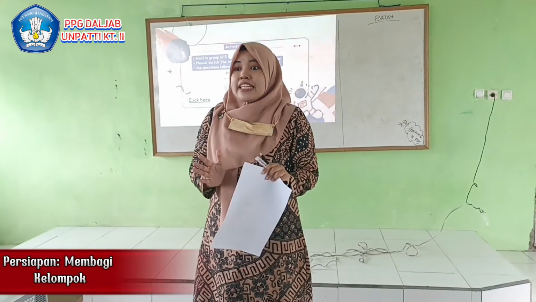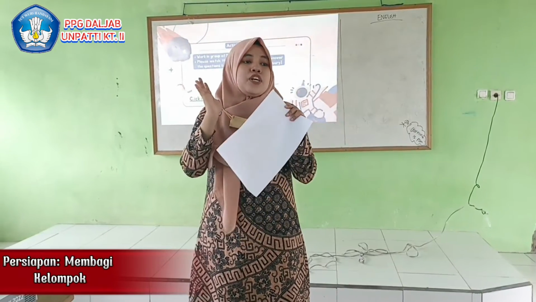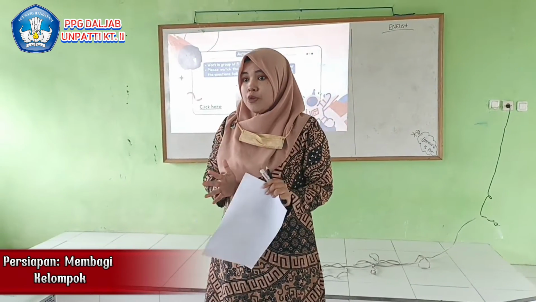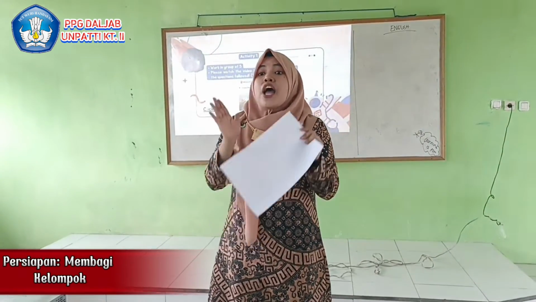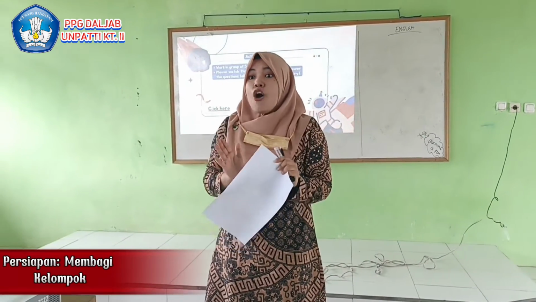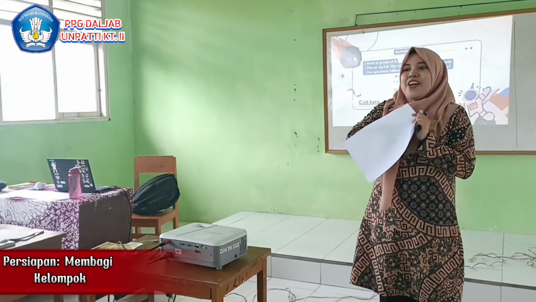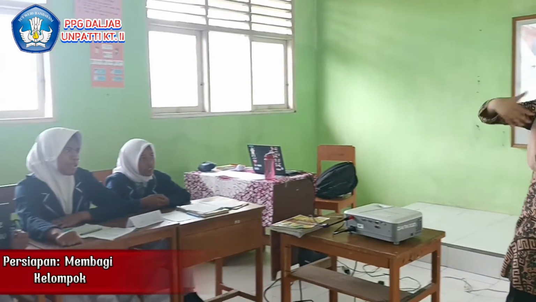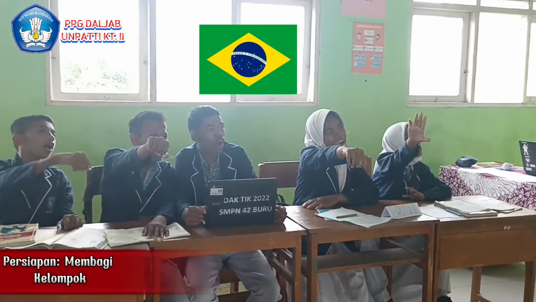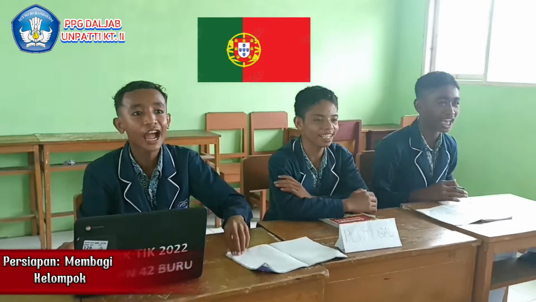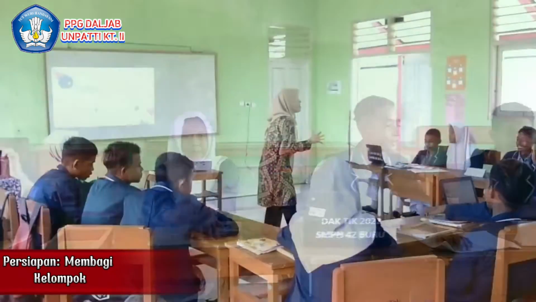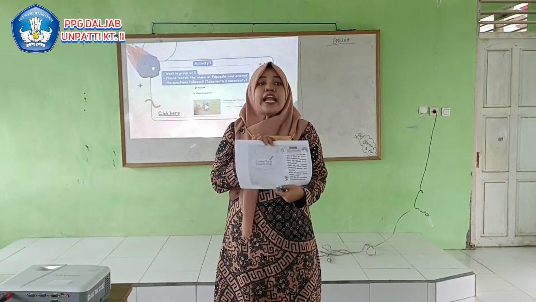Okay, class. So for the next activity, I would like to divide you to work in groups. Please think about your favorite team of FIFA World Cup. Okay, are you ready? Ready. So we have Brazil, Portugal, and now I have several alphabet.